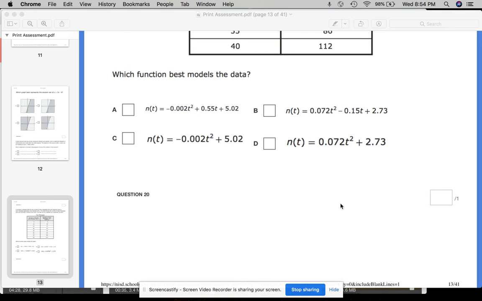C. N of t equals negative 0.002 t squared plus 5.02. D. N of t equals 0.072 t squared plus 2.73.